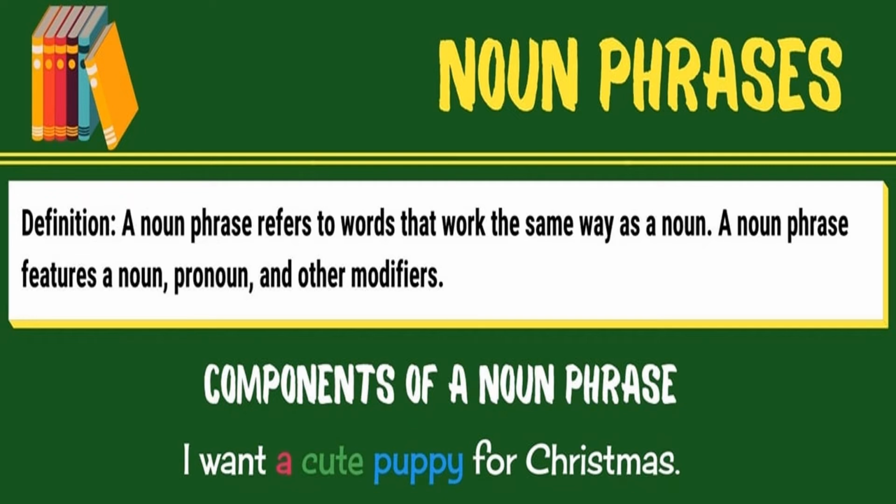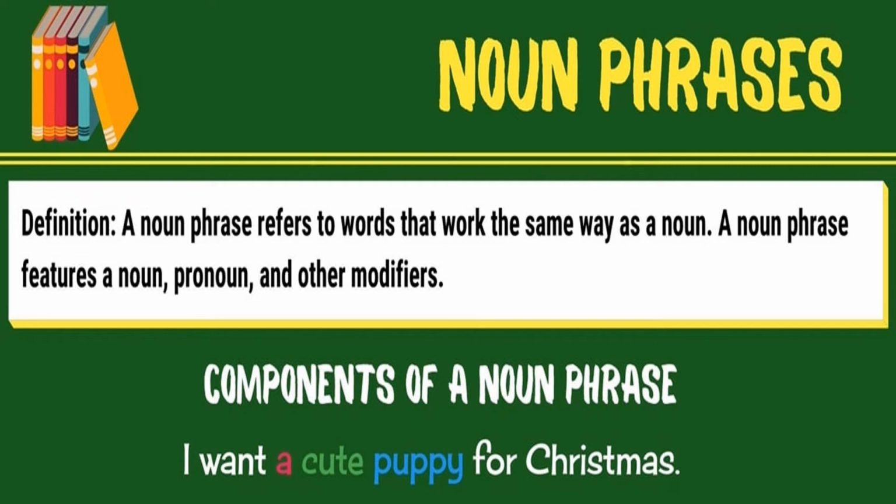Let's see an example which is given on your screen. I want a cute puppy for Christmas. Now here, I is the pronoun, want is a verb, and what do I want? A cute puppy. So students, this is again a very important point: how to identify a noun phrase?